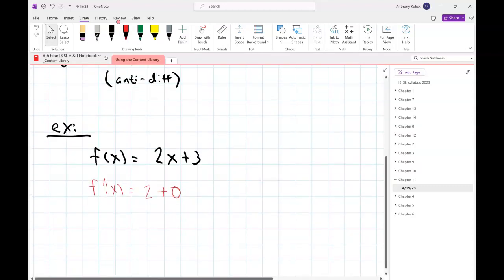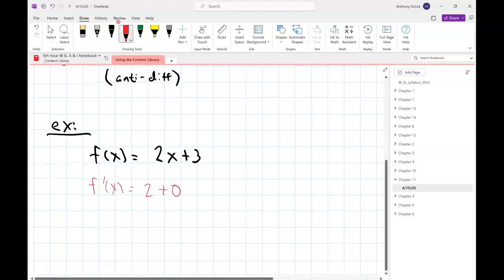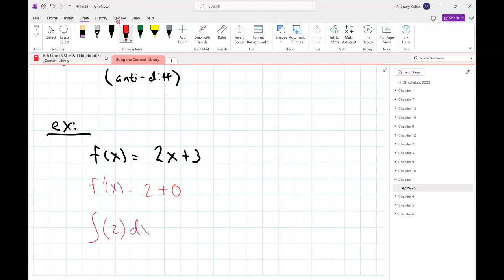Now, if I want to then do the antiderivative of 2, well, I can follow the reverse of the same power property that we'd use to do our derivatives.